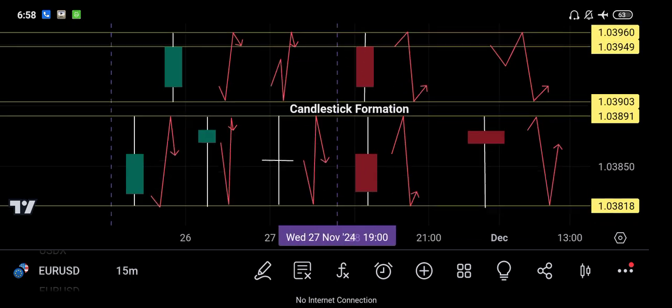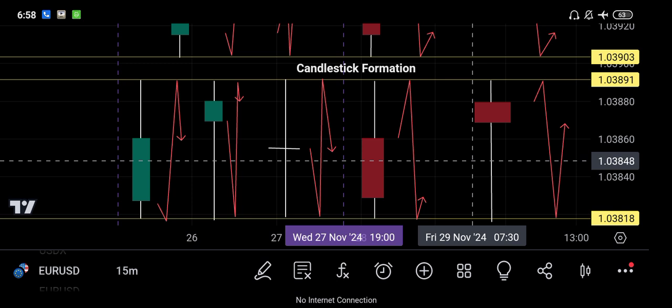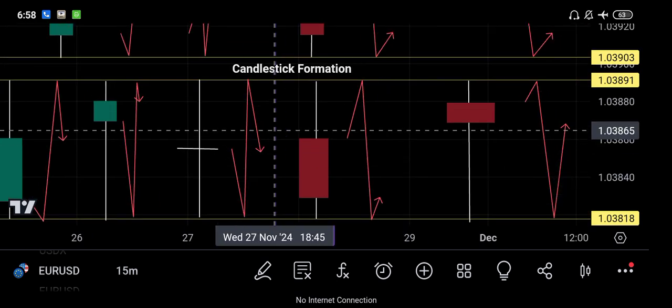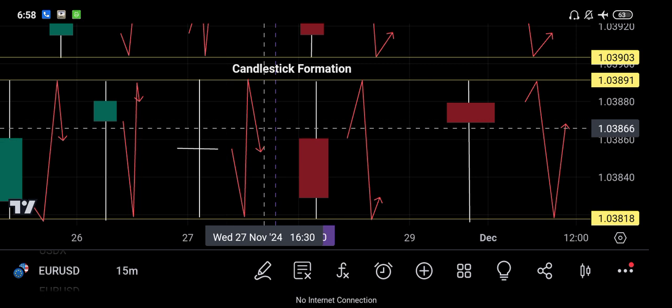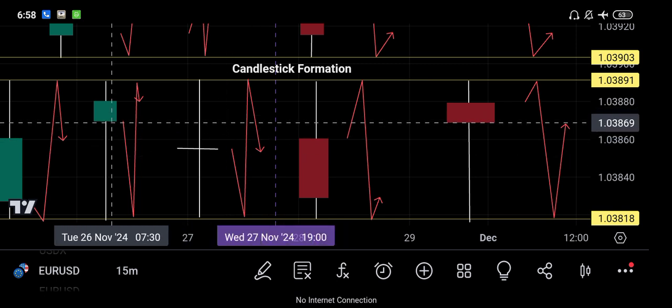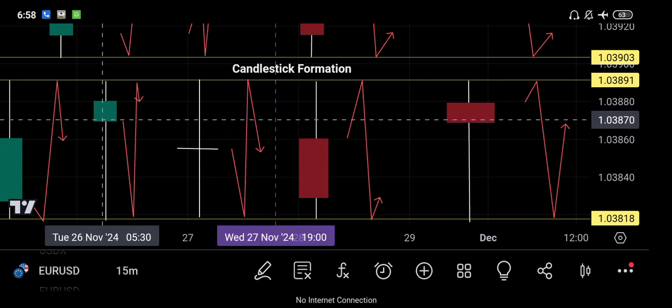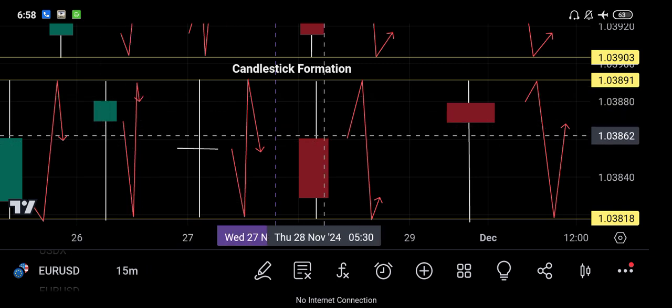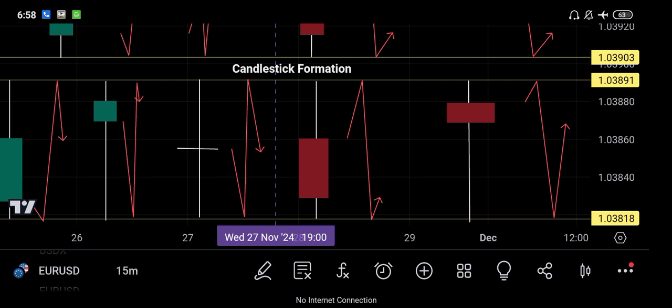Now we have looked at formation, how the market can form any shape that it wants according to the battles that surface right through it, starting from the open at the bottom and the close up for the bull, and then the open up and the close down for the bearish candle.